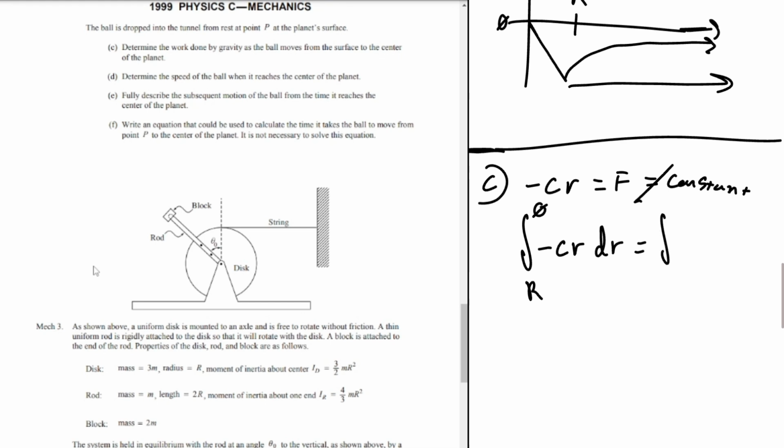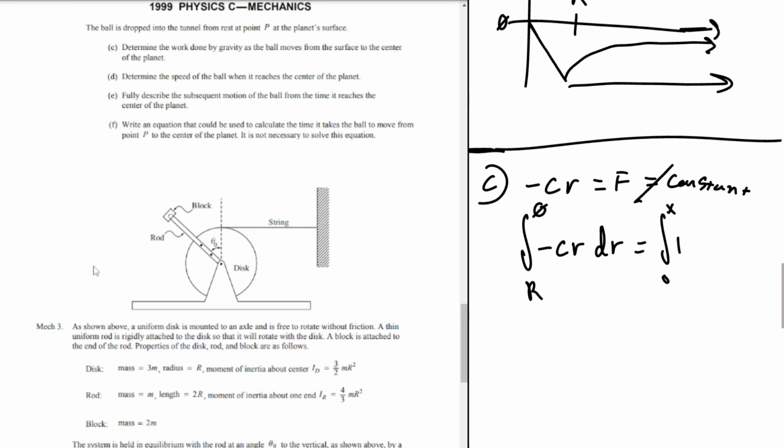Well, if you're asking, isn't the work integral from 0 to x of F dx? Why did you put dr, right? It is. I just subbed in my F here to give me negative CR, and because we have coordinates that aren't in terms of x, I just replaced it with r. You're allowed to do that.